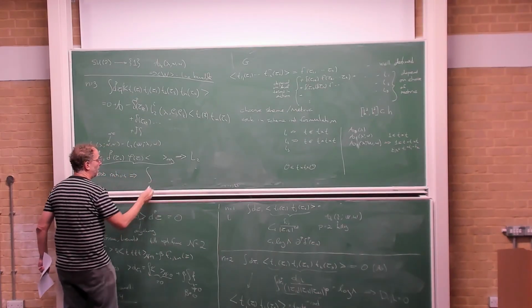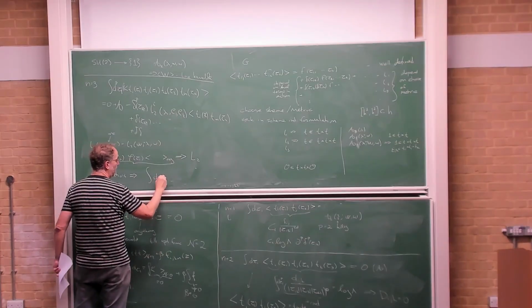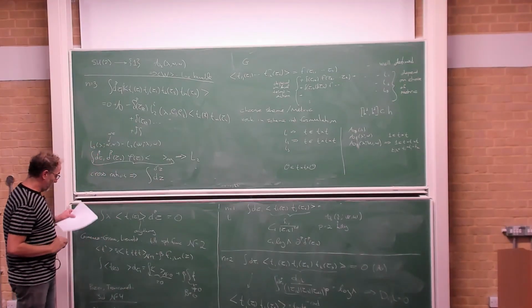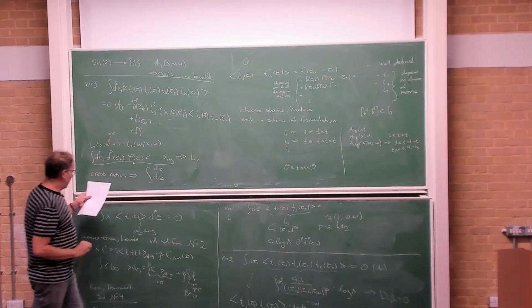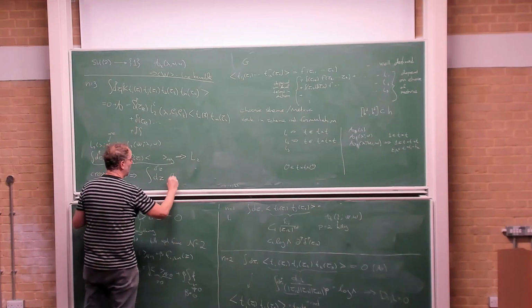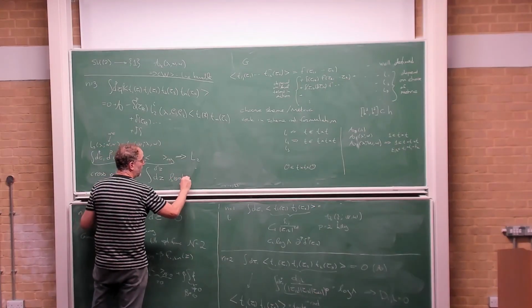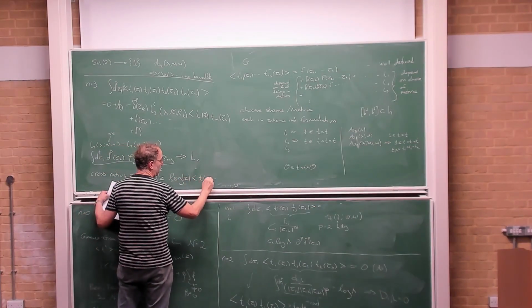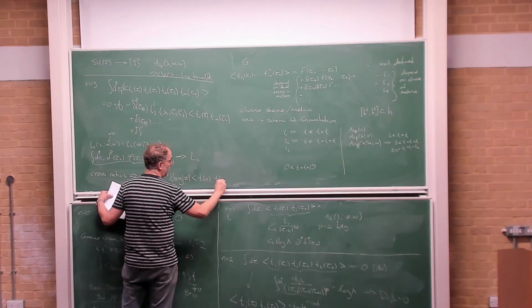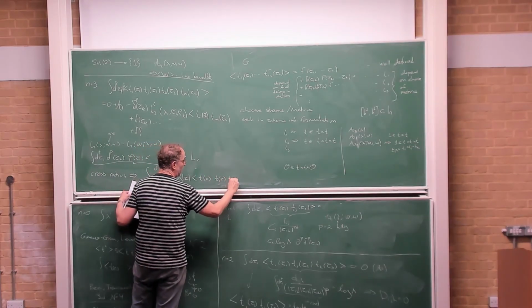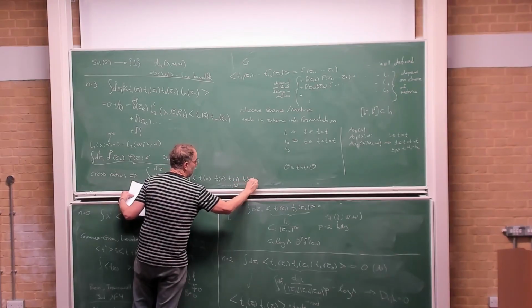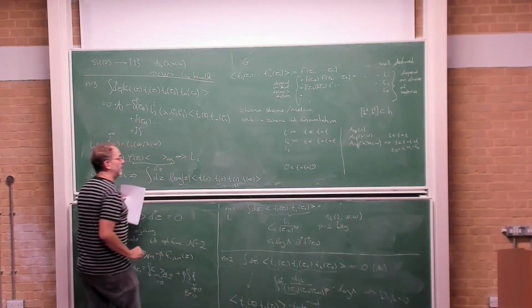And this will become an integral dz or d2z, depending on the dimension, over the cross ratio, and a log of z, and t of 0, t of z, t of 1, t of infinity.